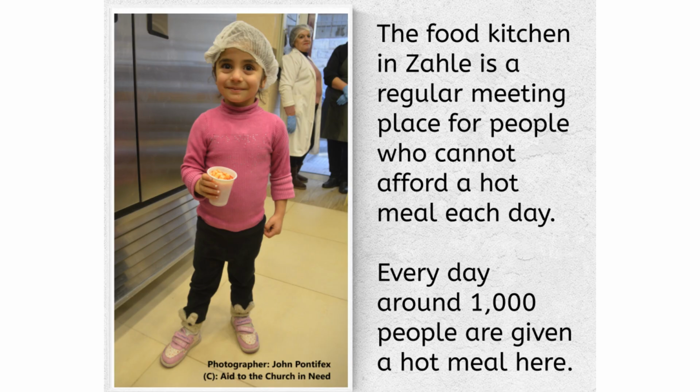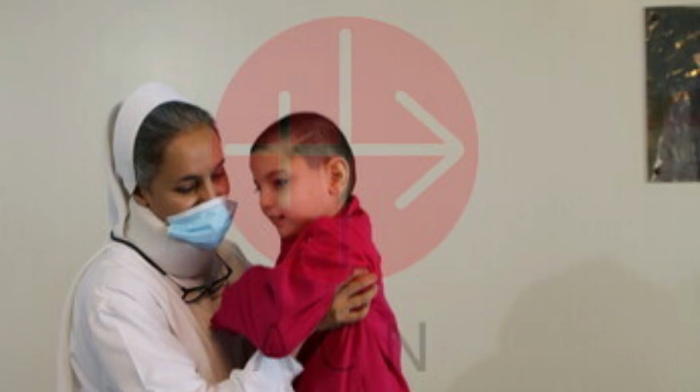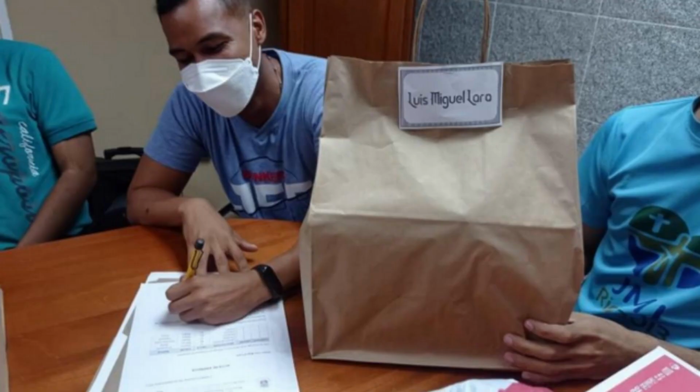So Aid to the Church in Need provides funds for emergency aid, building projects, help with accommodation, counselling, faith programmes, food kitchens, help for sisters who work with orphans and abandoned children, projects to help the elderly, projects for a psychiatric hospital, and many more. So this is where your sacrifice and the money you raised will go.